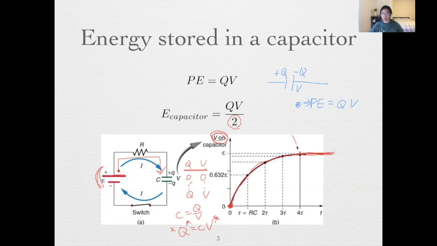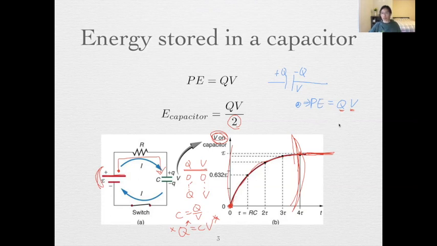So while this capacitor is getting energy from the battery, the voltage across the capacitor is not always V. It's somewhere between 0 and V. And also the charge on the capacitor is not always Q. It's somewhere between 0 and Q.